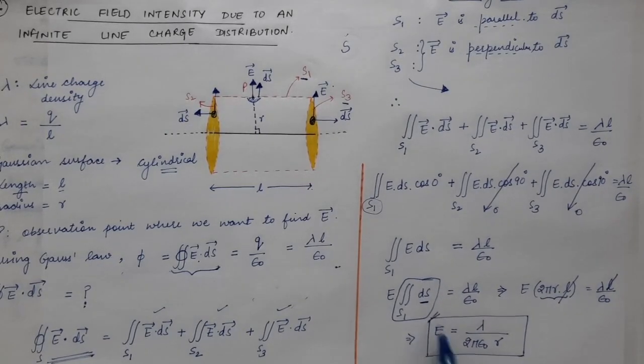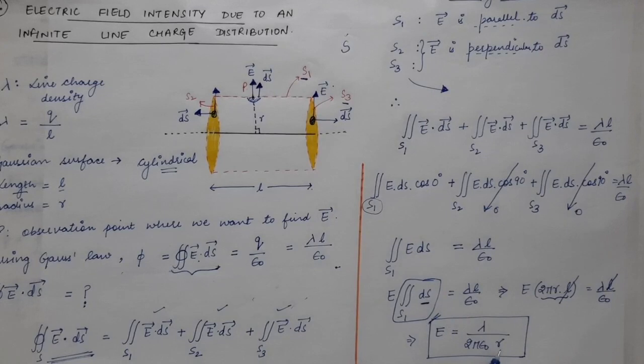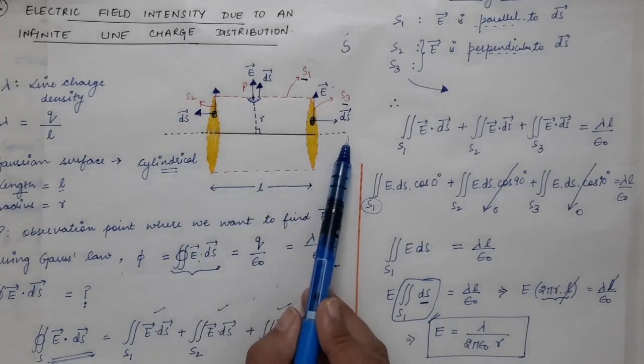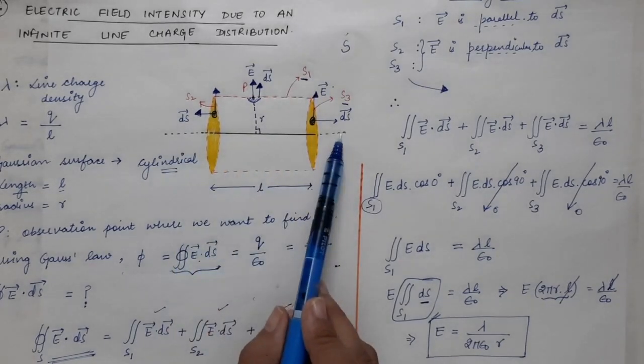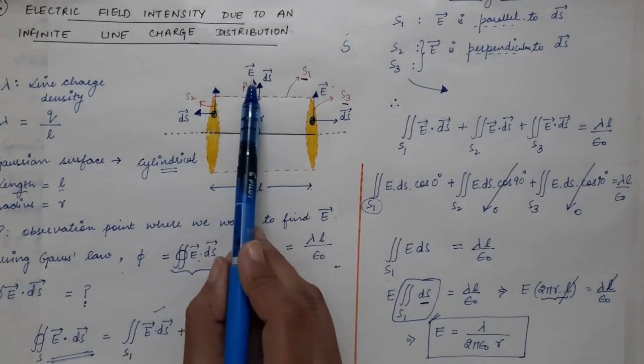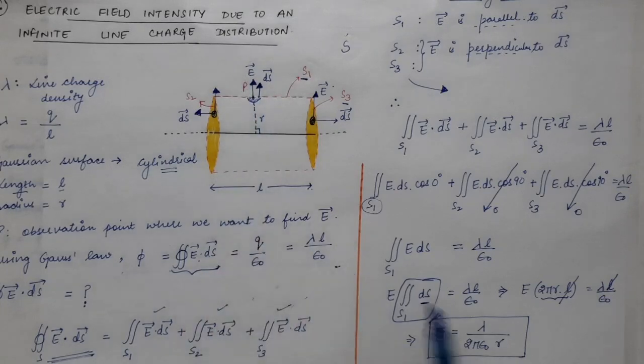This is the magnitude of the electric field intensity at a distance r from the line charge distribution whose line charge density is lambda. If the charge distributed is positive, the electric field will be pointing radially outwards, so in that case you will have r cap.